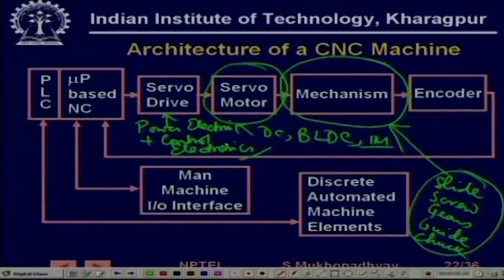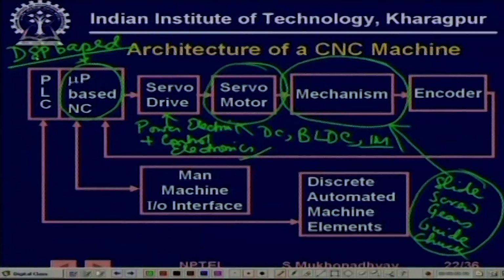These control electronics and the power electronics are often controlled by microprocessor based systems. Modern machines are becoming DSP, or digital signal processor, based drives, which can provide very sophisticated control for these machines.